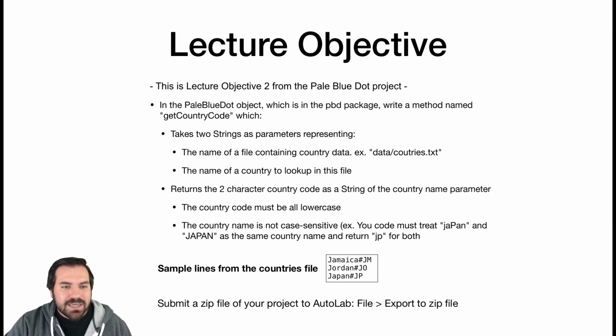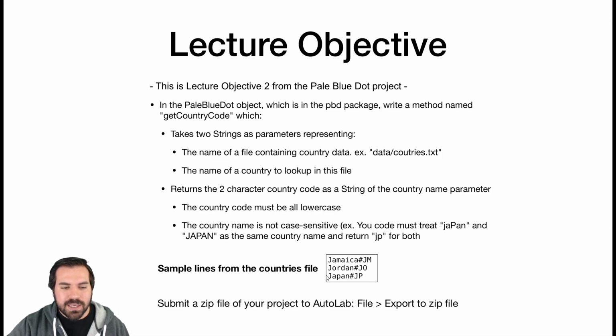Which brings us back to the lecture question. So for this lecture question, you have a file name, sources.fromFile.getLines. Iterate over the lines of this file. For each line, you want to check if the first value of that line before the hashtag is the country that you're looking up. To ignore case, the easiest way to do this is to call toLowerCase on both strings that you're comparing.